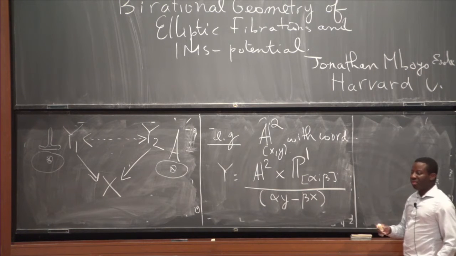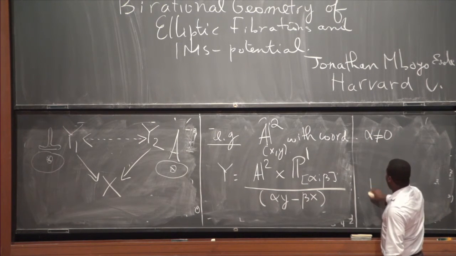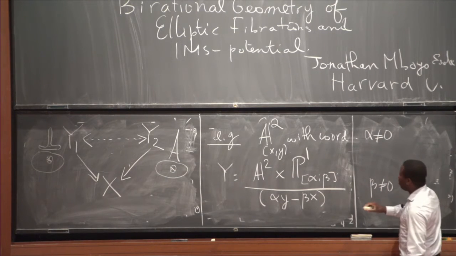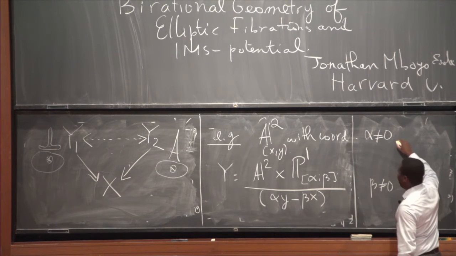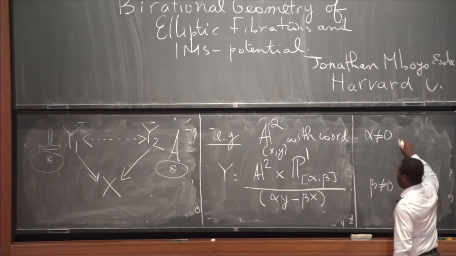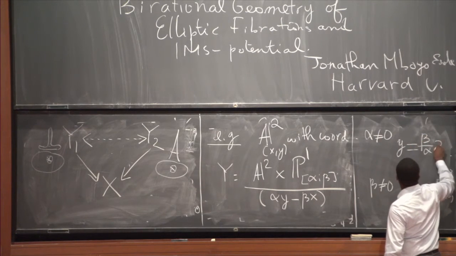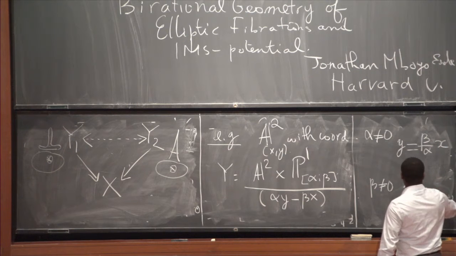So you have two possibilities. Either alpha is different from 0, or beta is different from 0. If alpha is different from 0, then you can explicitly say what is y. So you will have that y would be given by this. And if beta is different from 0, you can actually solve this for x. And you will have that x is given explicitly by alpha, beta, y.